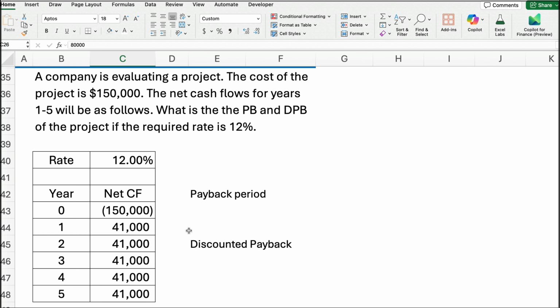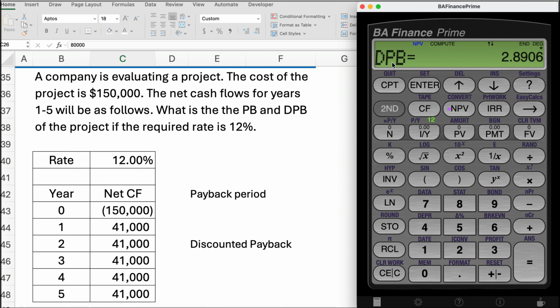All right, so let's do another project where we have a $150,000 investment, and then we're going to return $41,000 a year. Let me show you how to do this one. I'm going to go back to the cash flow and clear my work. Okay, so $150,000 is my negative cash flow time period 0.